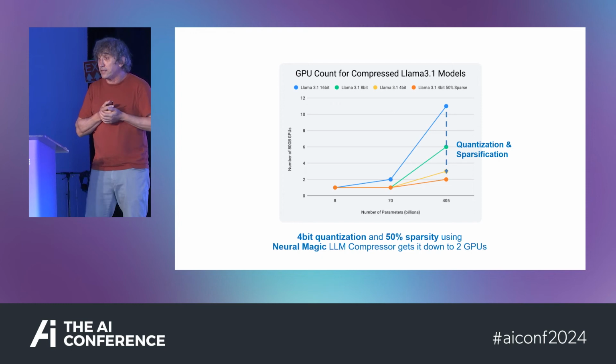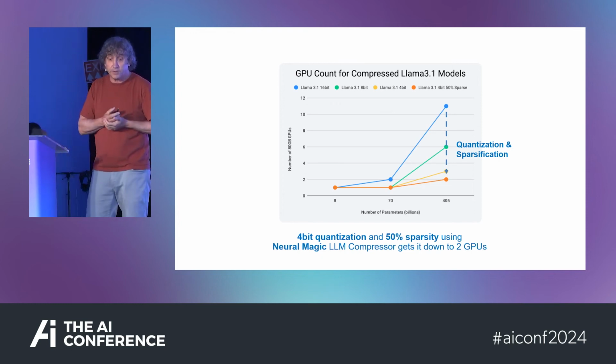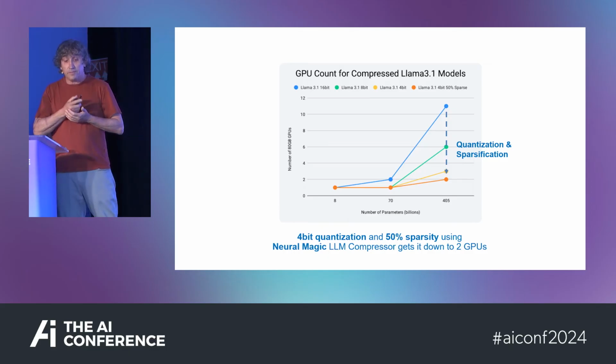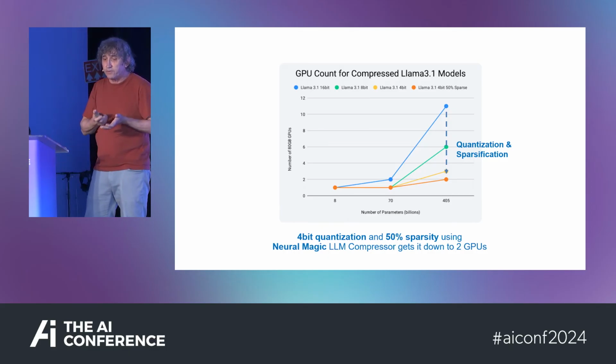This is done with LLM Compressor, a piece of software that my company Neural Magic has contributed to vLLM. And you can see that we can really do a great job of reducing the size of the model. That's what we're doing today. But is that really the solution that we're going to use in the future?